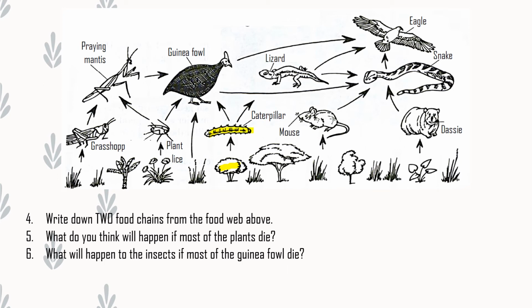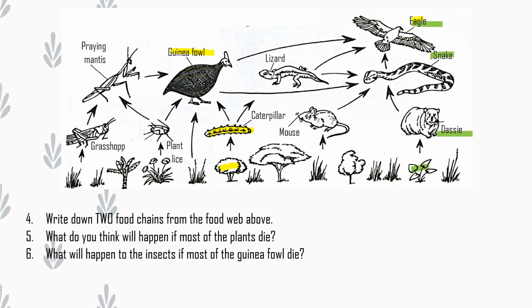Then you can have guinea fowl, and then you can have eagle. Another food chain would be plant, daisy, snake, eagle. So there are many options. Just follow the arrows, and I don't think you can go wrong with question 4.